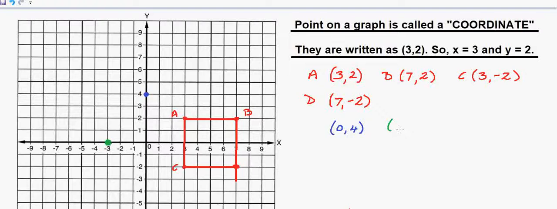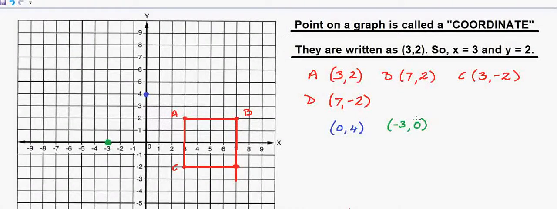Now on our x-axis it's at -3, so we can say -3. Okay, but it's level where y is 0, so we can say it's 0. Okay, so the green point is at -3, 0.